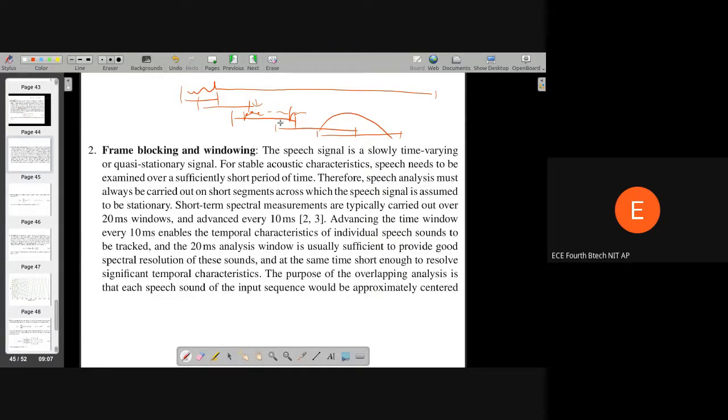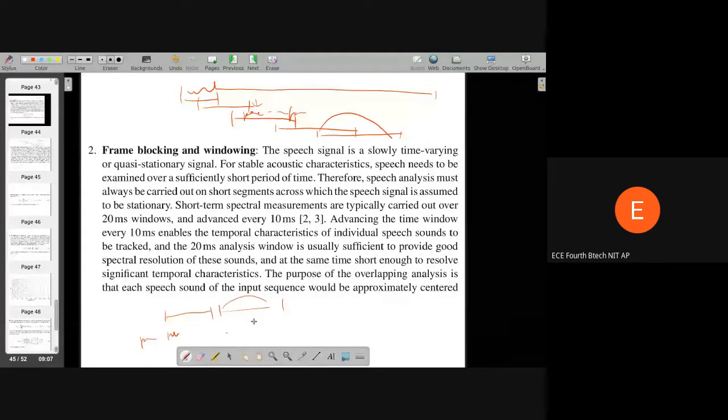Or you can first do framing, then pre-emphasis within each frame, and then windowing. But it won't matter much. Even if you do framing, then windowing, and then pre-emphasis, it won't matter much in the performance. But anyhow, let's stick with the most standard way.